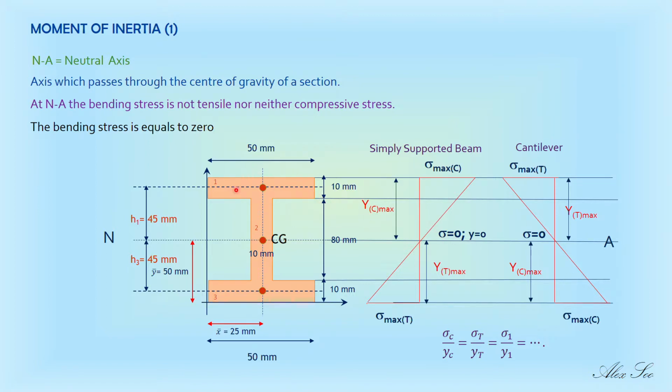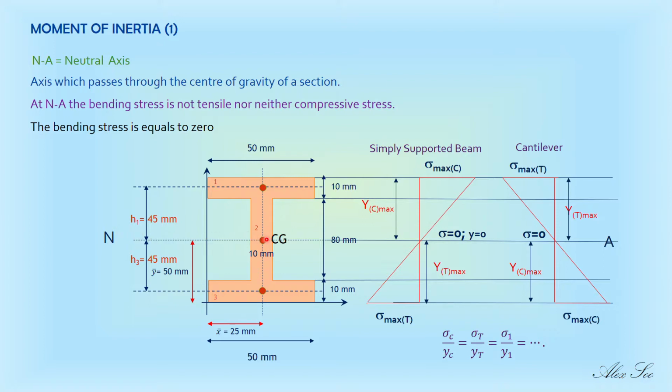If this is a simply supported beam, then the maximum bending stress will occur on the topmost layer, away from the neutral axis. Now, how are we going to find the location of the neutral axis? First, you must find the center of gravity of the section, in this case the whole I section, in order to locate your neutral axis.